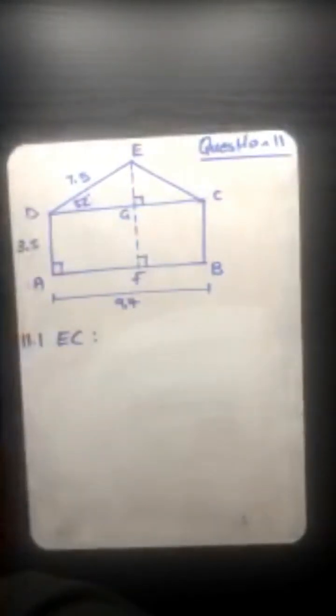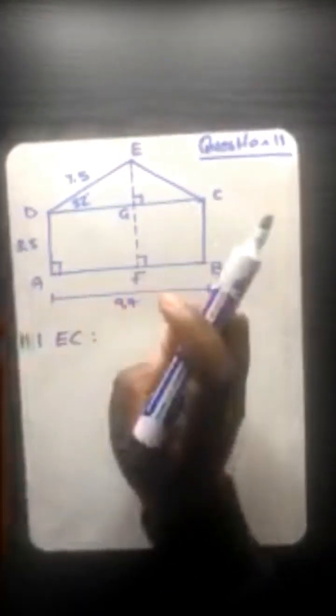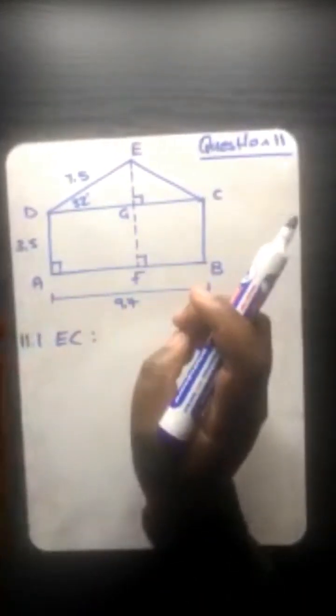It's not 35, but it's 32. Yes, continue, honorable member. So I'm going to say find the angle E, sir, but on the other half of the perpendicular line.